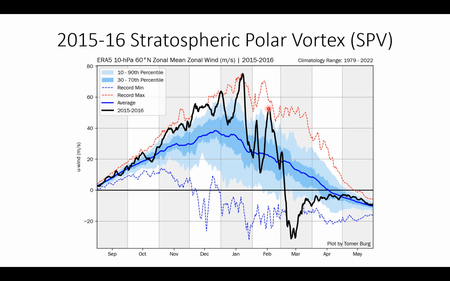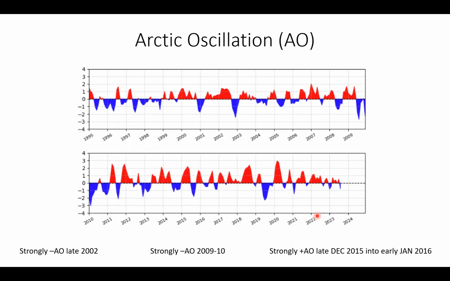And then you see an increase again in strength there in early February before it was a major drop-off at the end of February and beginning of March, right in this zone here. So in general, that kind of sums up the 2015-16 stratospheric polar vortex strength based on these winds at 10 hectopascals, well above the Earth's surface, high up into the stratosphere.